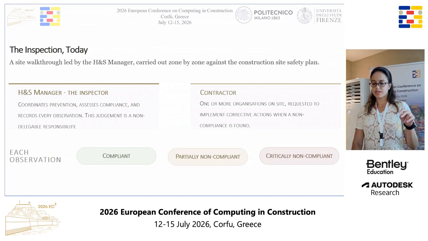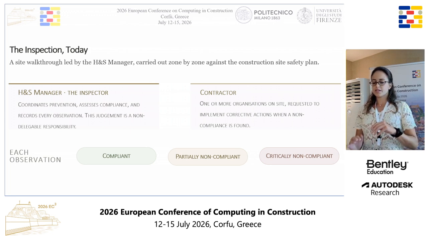The first is compliant, meaning that the observed condition fully satisfies the safety requirements. Then we have partially non-compliant, and this means that some requirements are not fully respected, but the situation does not represent an immediate danger for the workers, though corrections are still required.